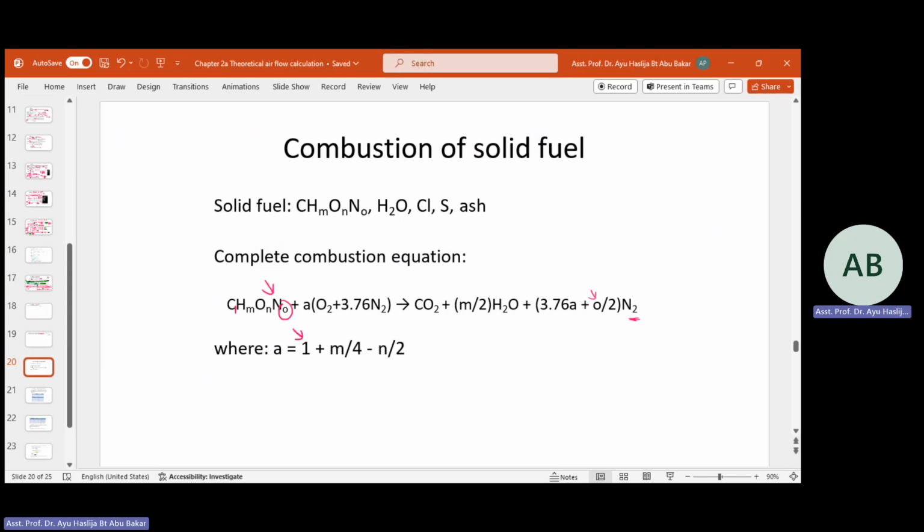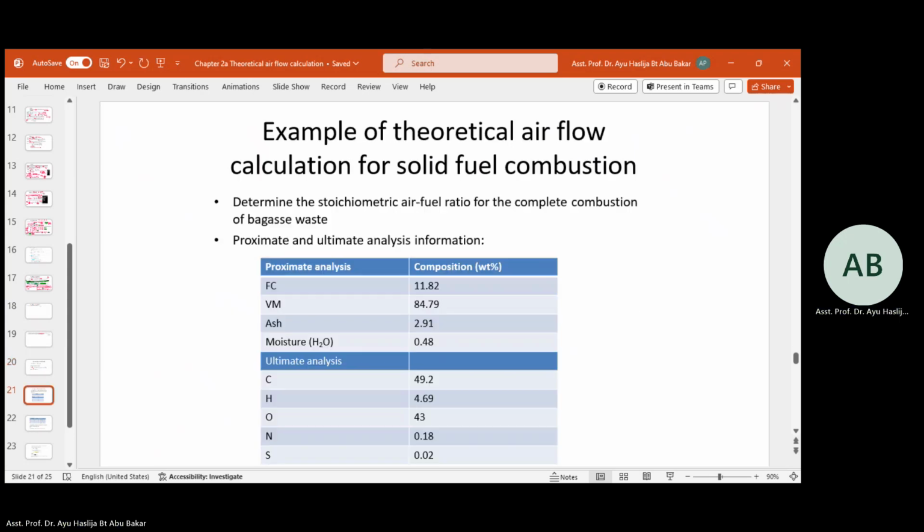Okay. Now, I have only 3 more slides. We proceed. Okay. Now, we want to do the theoretical air flow calculation for solid fuel. Usually for solid fuel, the question will give you the proximate and ultimate analysis.